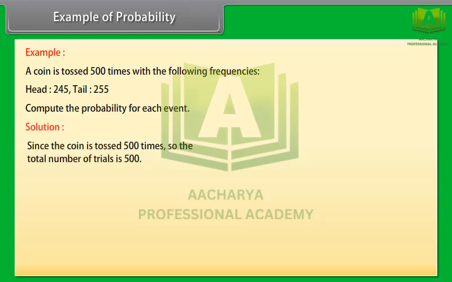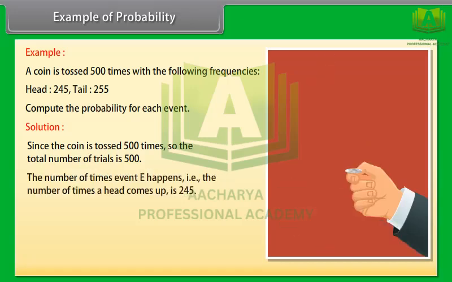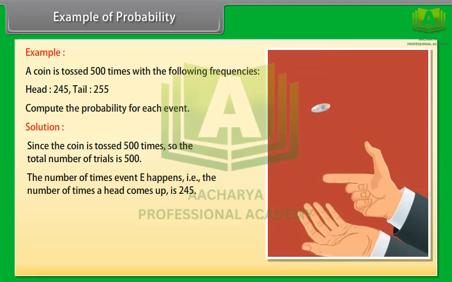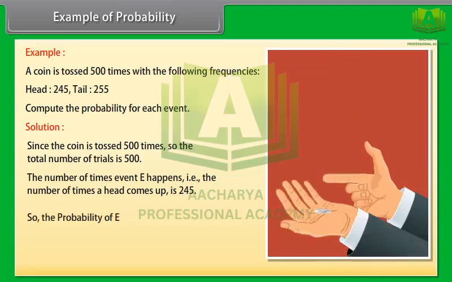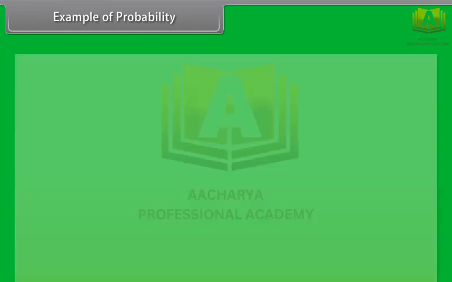Solution. Since the coin is tossed 500 times, the total number of trials is 500. The number of times event E happens, that is, the number of times a head comes up, is 245. So the probability of E is equal to number of heads upon total number of trials, that is, P(E) is equal to 245 upon 500 is equal to 0.49.